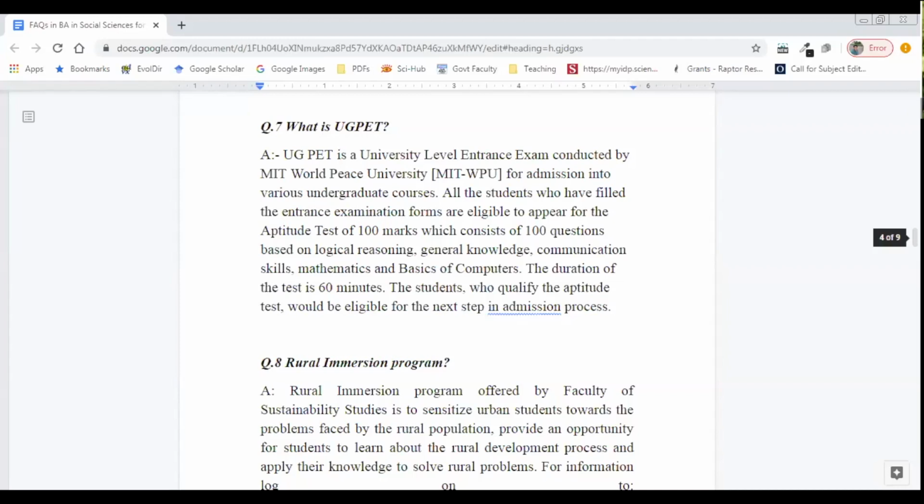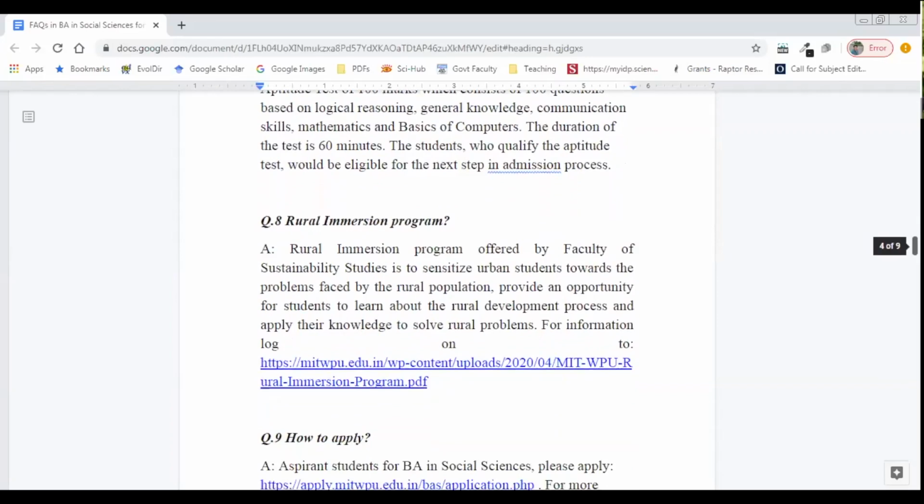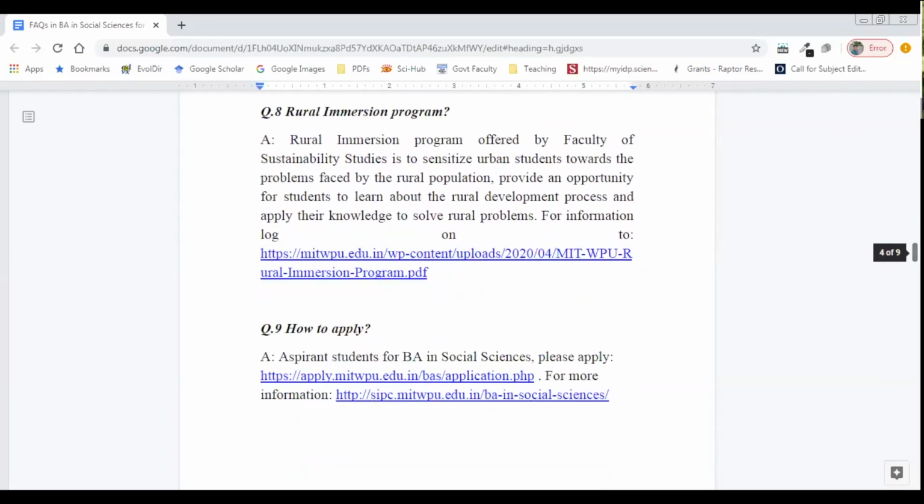So if you realize after 12th standard that you are more interested in social sciences than anything else, or that you have a passion for working with society or understanding society, then this is a course that will be interesting for you. I would also suggest that you take a look at our website, which has all the details of the course as well as the process in which applications can be made.